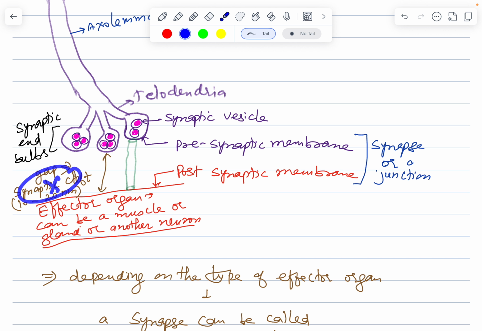Technically, no, because the membrane of the neuron and the membrane of the target organ are physically in contact with each other with the help of this protein, and proteins are conducting in nature. So that action potential which was here, can the protein immediately take it to the postsynaptic membrane? Yes. Instantaneously. Making sure that there is no delay.